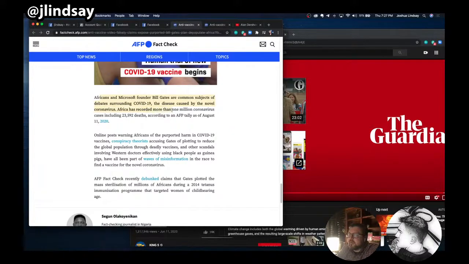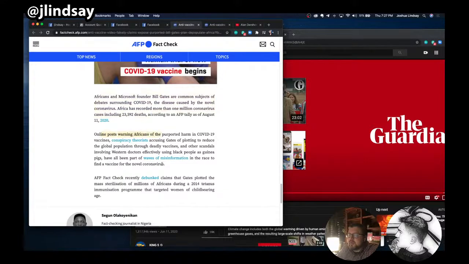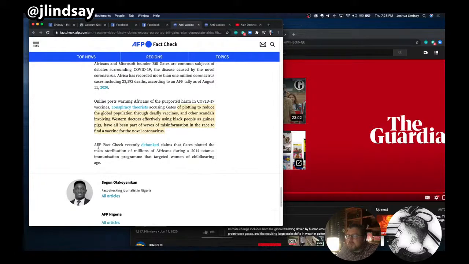Africa has recorded more than 1 million coronavirus cases. Online post warning Africans of the purported harm of COVID. Vaccine conspiracy theorists accusing Gates of plotting to reduce the global population through deadly vaccine and other scandals involving Western doctors effectively using black people as genuine guinea pigs have all been part of waves of misinformation in the race to find a vaccine for the novel coronavirus.